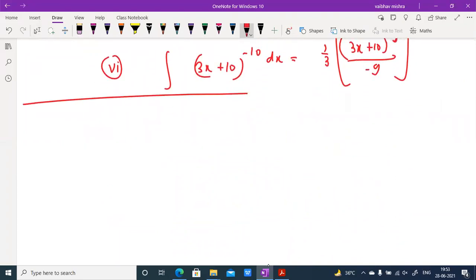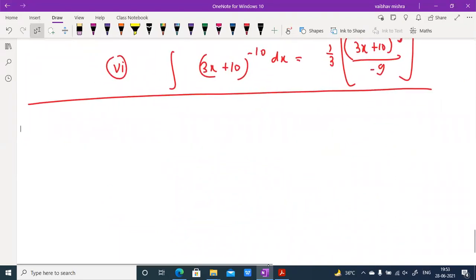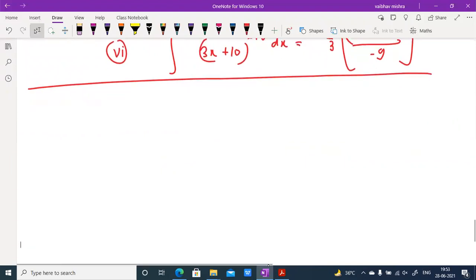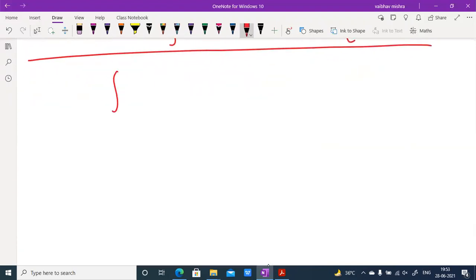So in this type of function, usually what happens is one function will be given such that its differential will be the other. Means this function we need to integrate, right?